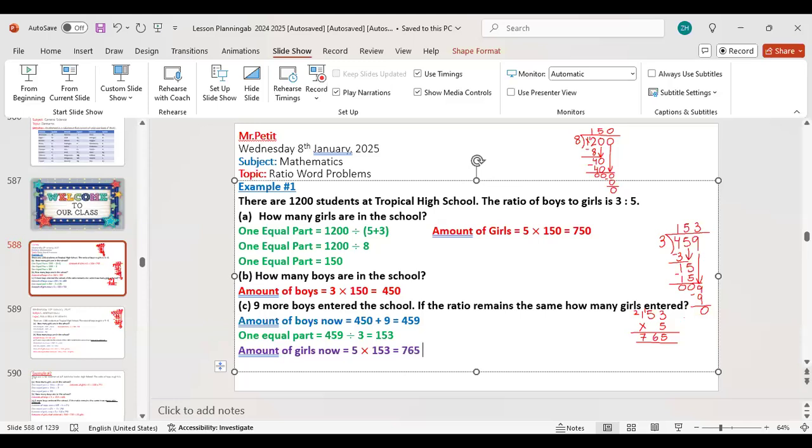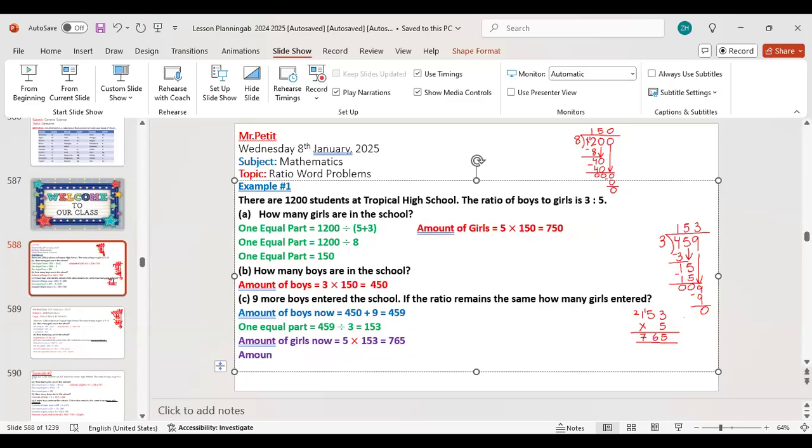So the amount of girls now is 765 girls. But remember the question asks us how many girls entered. So in order to find the amount of girls that entered, it's going to be equal to 765 minus the previous amount, which we had here, 750.